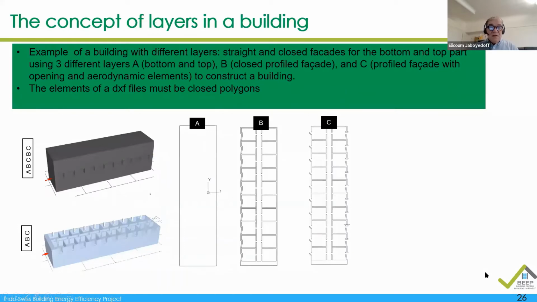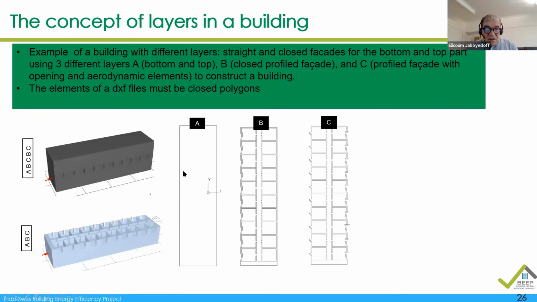And then here, let me explain the concept of the layer in the building a little bit. You can define buildings which have, let's say, a kind of block layout for the bottom of the building. Then you can reach a floor that you want to have open, for instance. So you start by having, let's say, the sill level, where you have a facade profile, but not yet open.